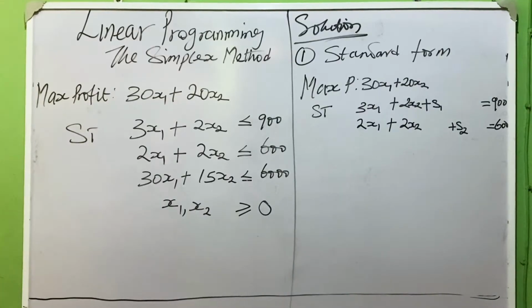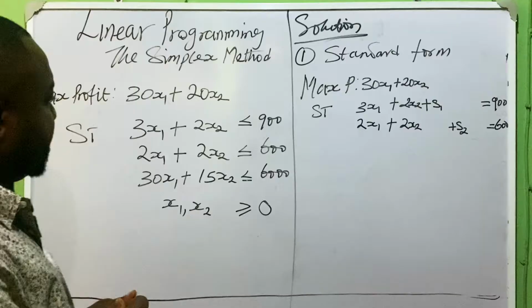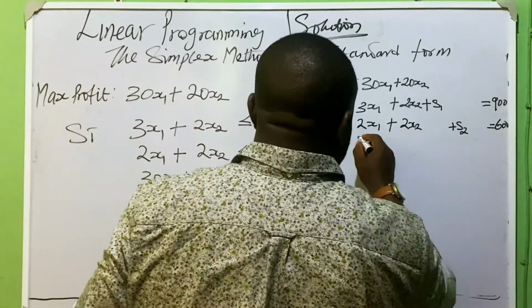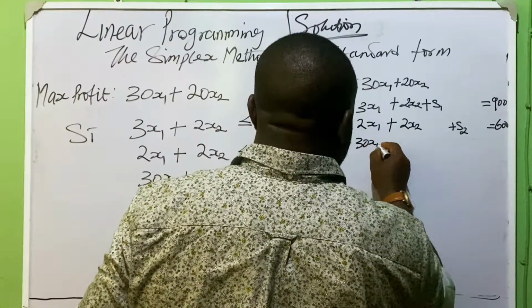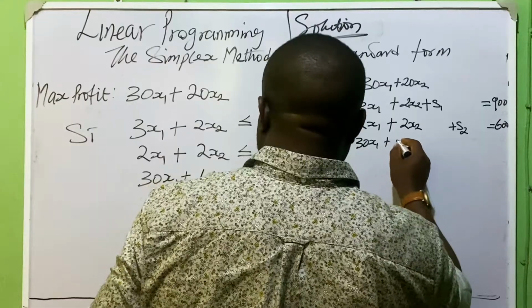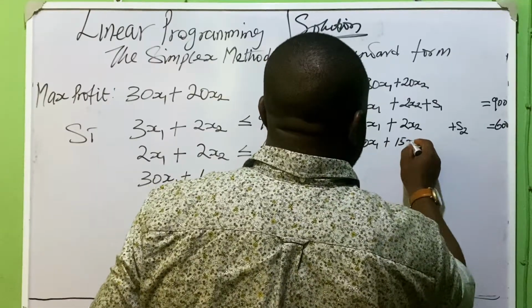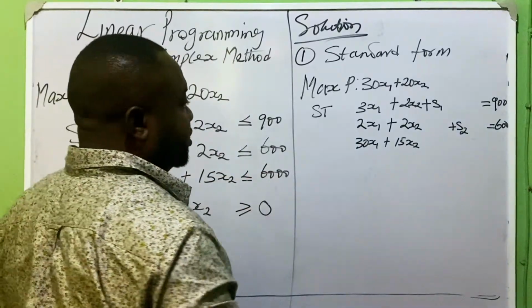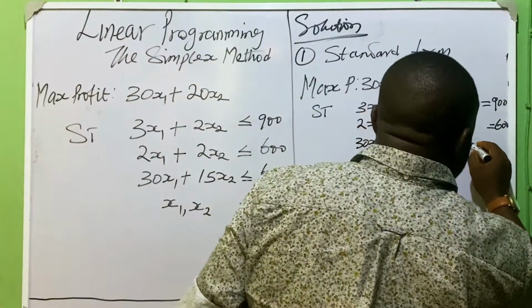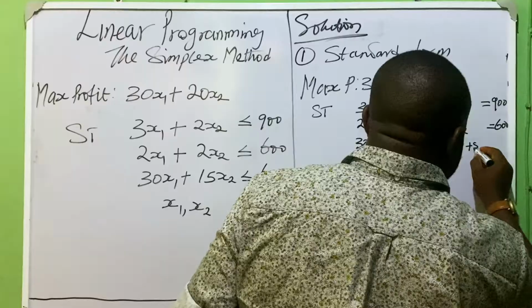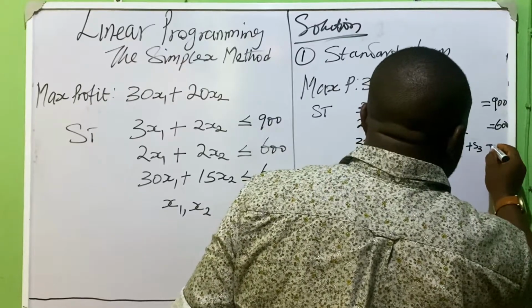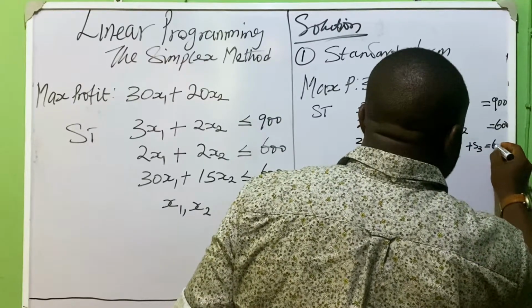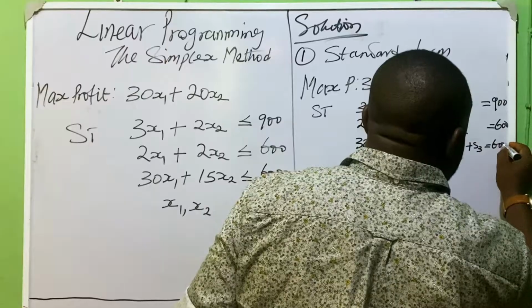Now, the third one is 30x1 plus 15x2, which will be less than or equal to 6,000. So we're bringing in the next one, which is S3, and now we'll make it equal to 6,000.